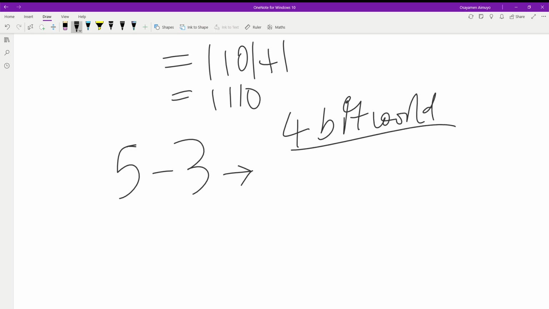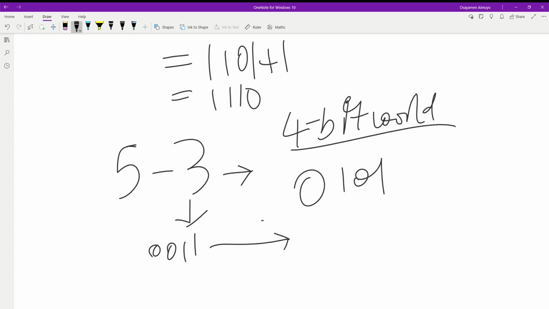First let's compute the 2's complement for 3. 3 is 0, 0, 1, 1, and the 2's complement would be 0, 0, 1, 1 inverted plus 1, so it will be 1, 1, 0, 1.